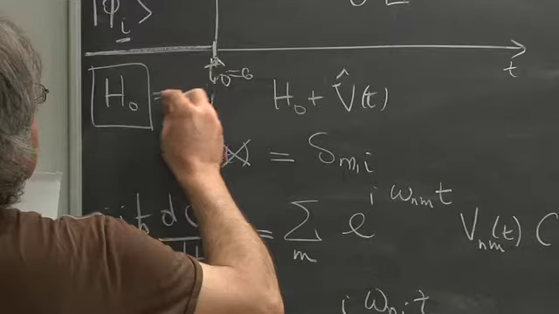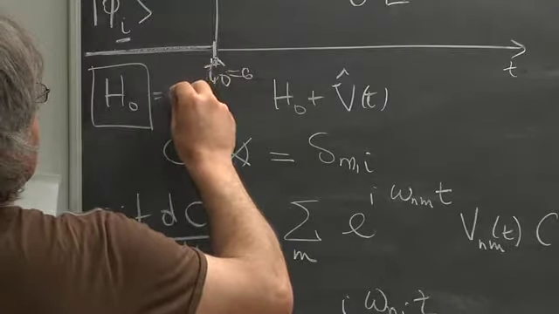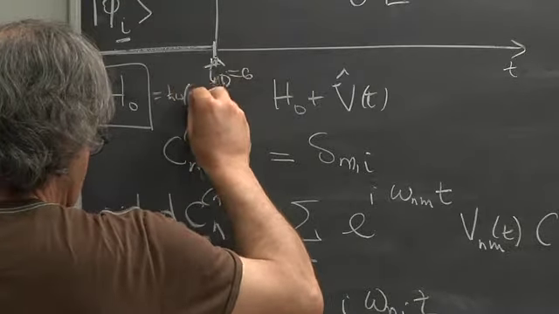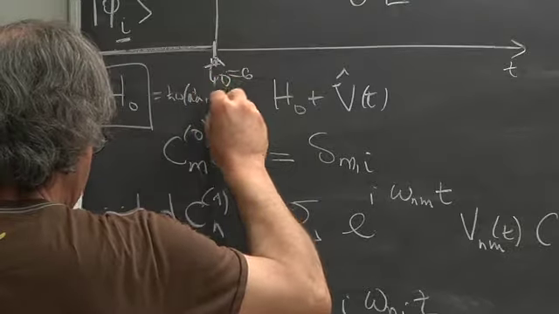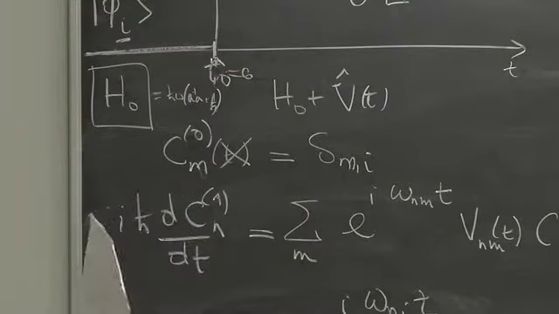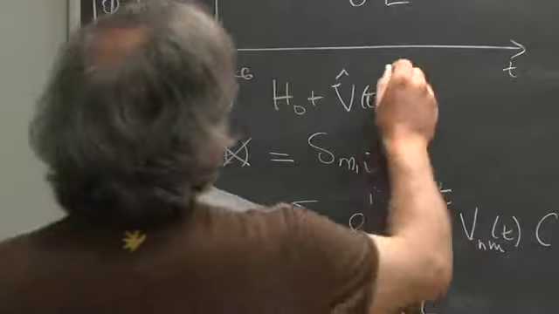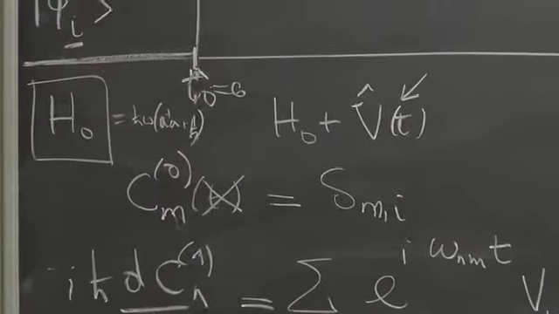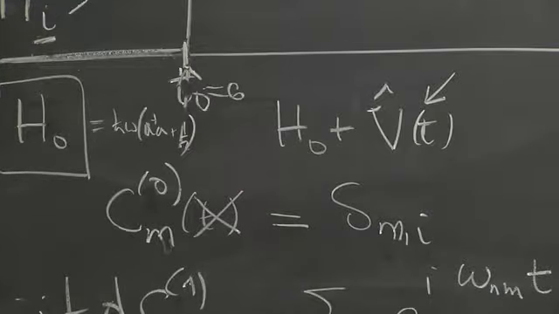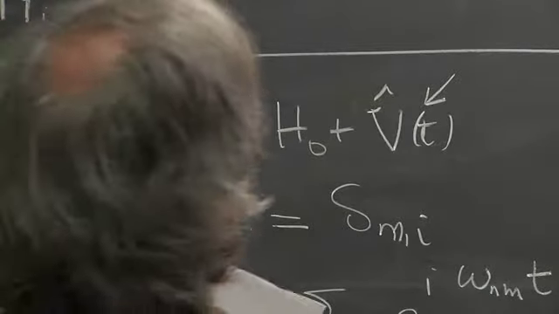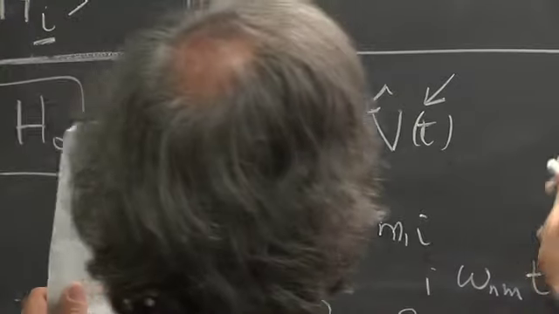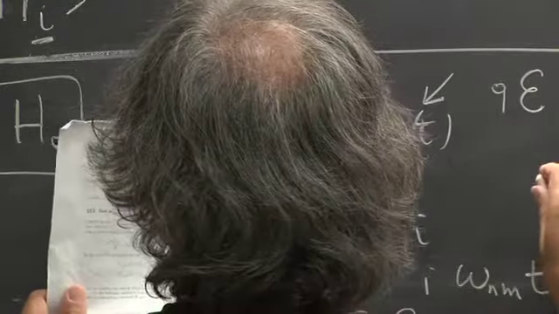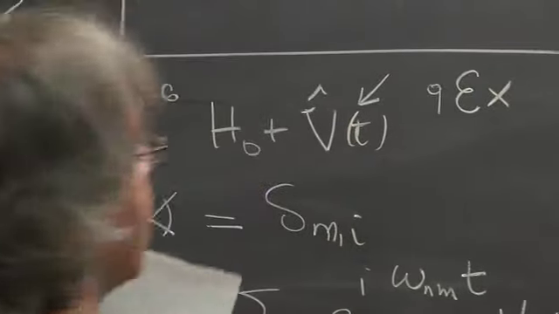Equal to, for instance, h bar omega, a dagger a plus 1/2, written in the usual a and a dagger. And V of t is the turning on of an electric field. We already did that, okay? Remember, we did an electric field, say q electric field times x, okay?